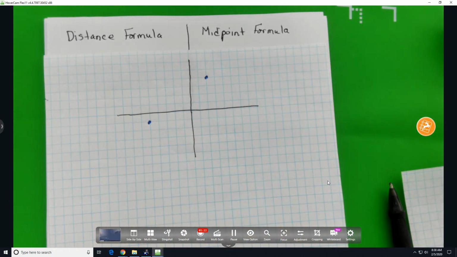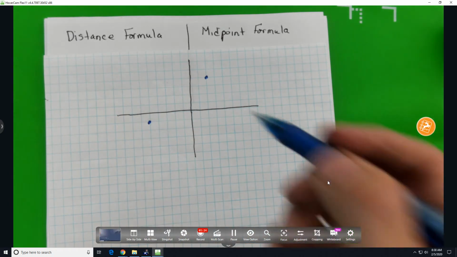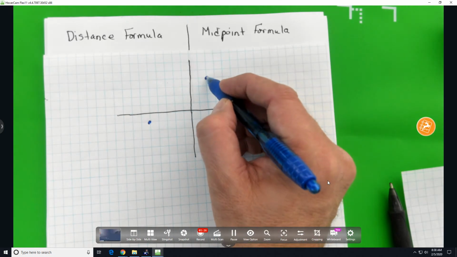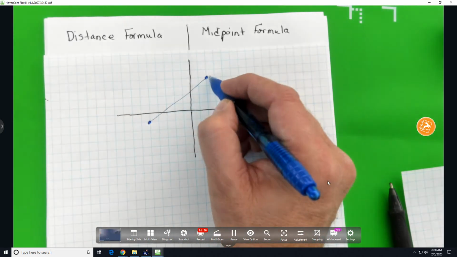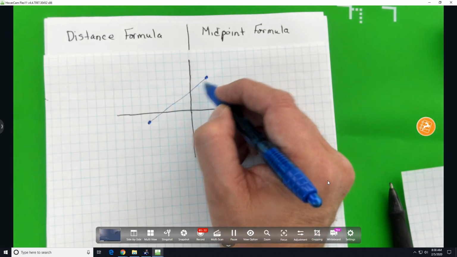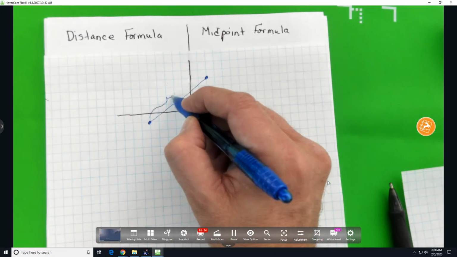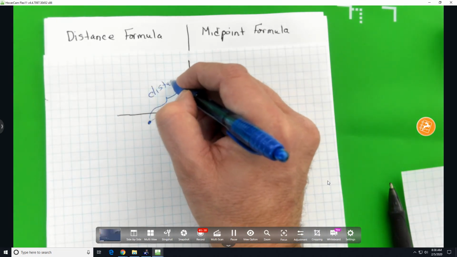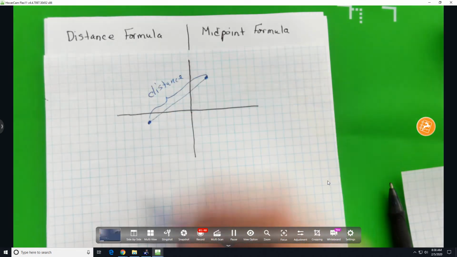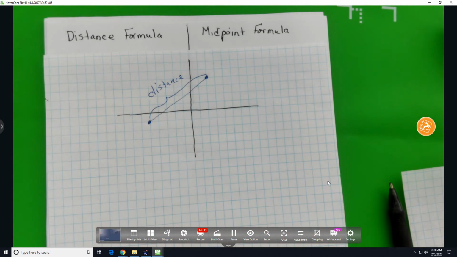If I said to calculate the distance between the two, I think most people would figure out, okay, it's that length right there. That's what I mean by distance. I'm not really defining distance other than just stating a synonym, the length of that little segment there.